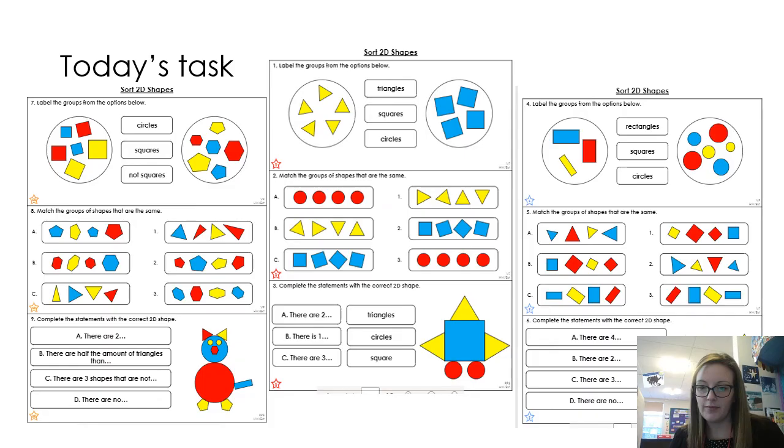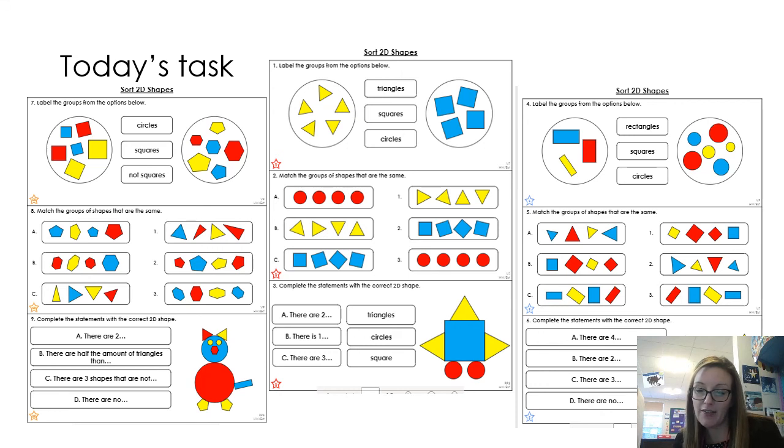So today's task. In your home learning packs you should find these three sheets of paper, so you can choose one to have a go at, or you might challenge yourself to do two or maybe all three. And the first task is to match up those groups of shapes with the correct label. Then the second task is to look at the group of shapes on the left and see if you can match it up with the group of shapes on the right.